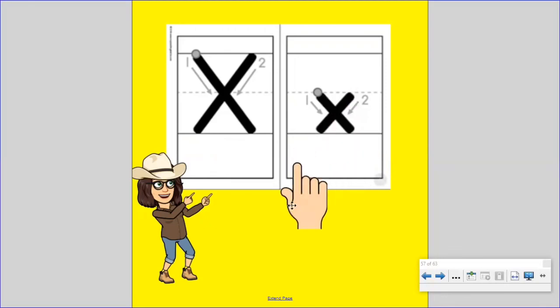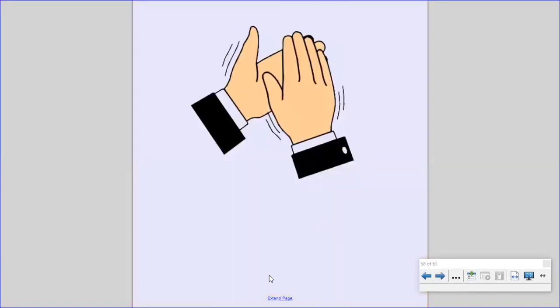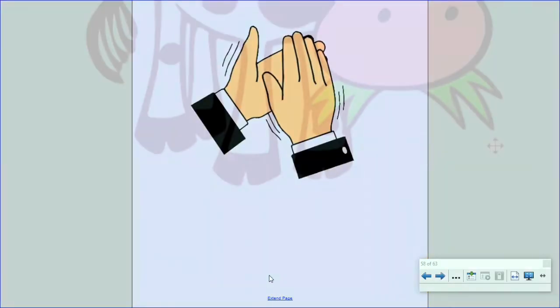The lowercase x. And what sound does the letter X make at the end of the word fox? Fox. That's right. The letter X makes the sound at the end of the word fox. Give yourself a round of applause.